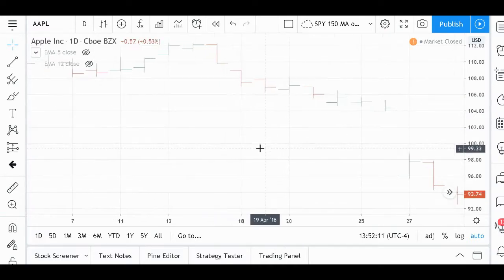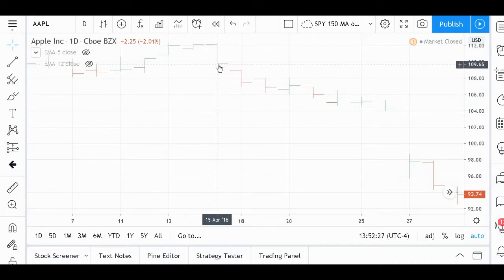One advantage is you can really see the shape here. For example, with this one, it's almost like you could tell that the price was maybe going to go down after this day, after this candle. Why? Because the close is near the bottom of the bar, the OHLC bar.